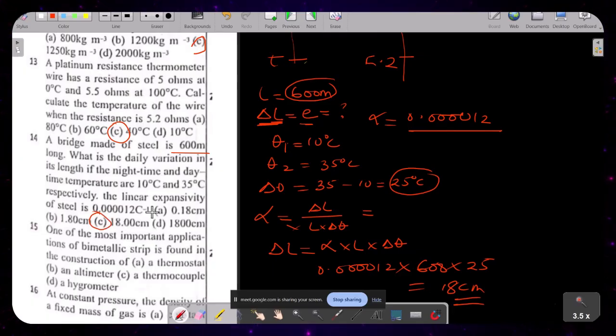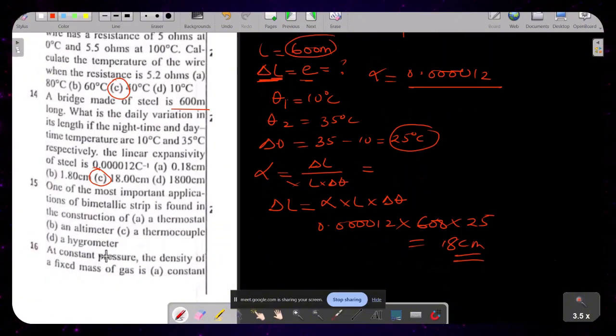So that is it. All right, now let's look at question number 15. One of the most important applications of a bimetallic strip.